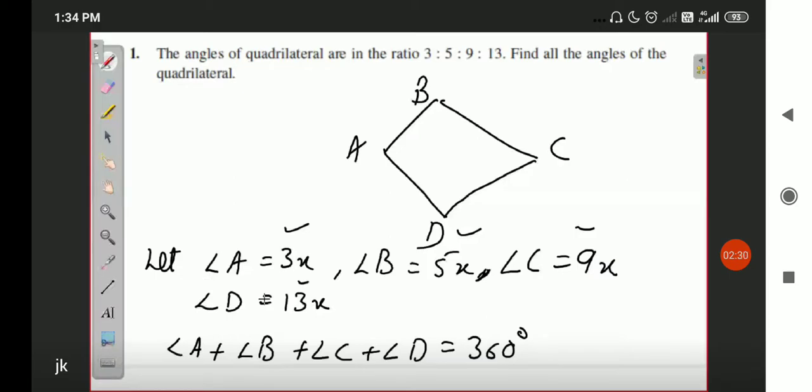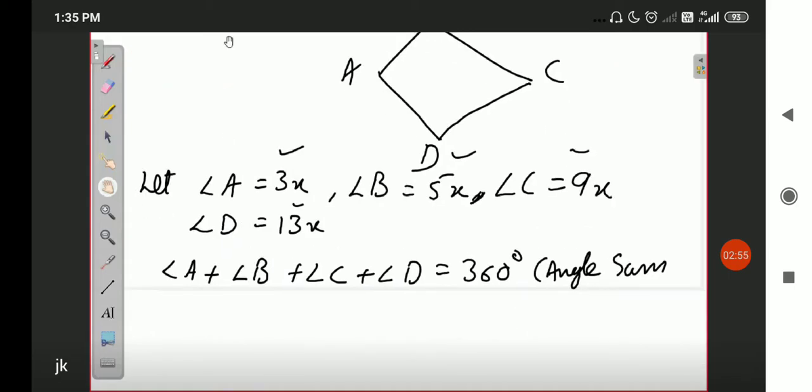Once again, what you do is you let angle A be 3x, angle B be 5x, angle C be 9x, angle D be 13x, and then you say that the sum of all the angles is 360 degrees. That is the angle sum property of a quadrilateral.